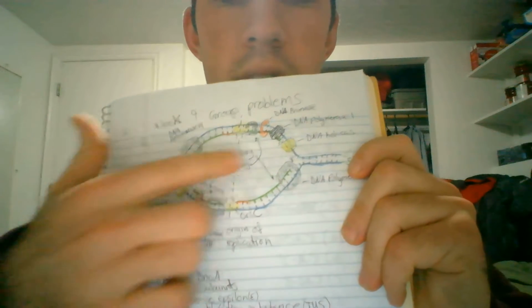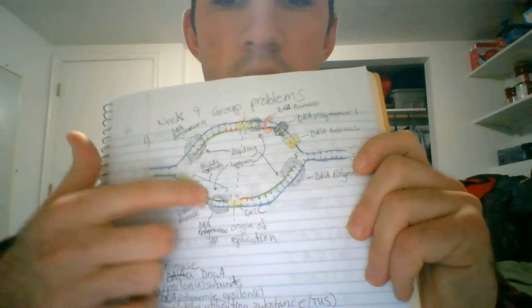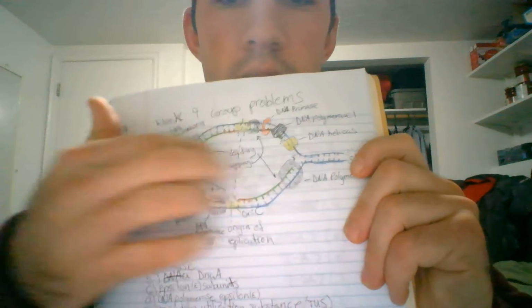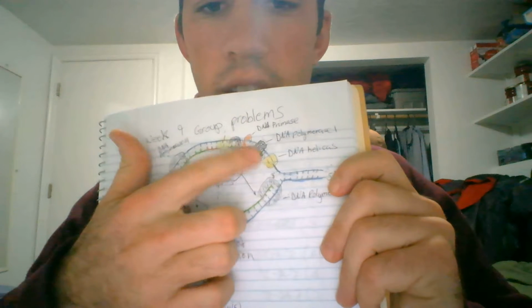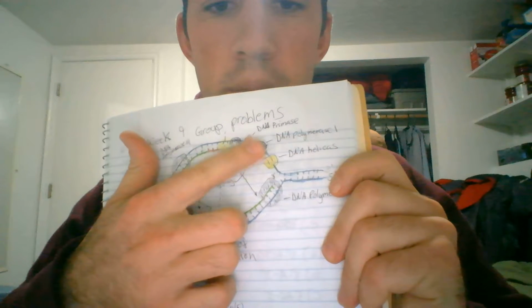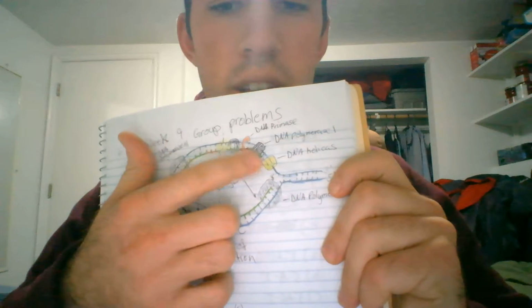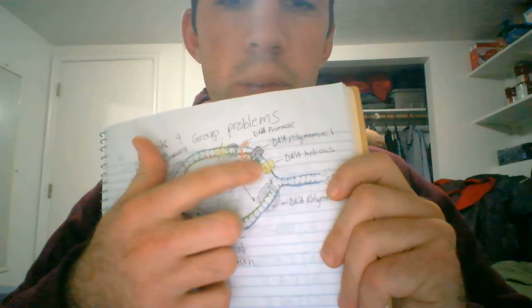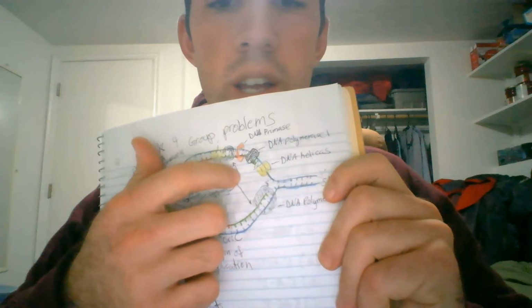These are the primers. You can see the orange is the RNA primer that's put down. Over here, this guy is polymerase 1, and it's hard to tell, but there's no primer over here because he's replaced it with DNA.